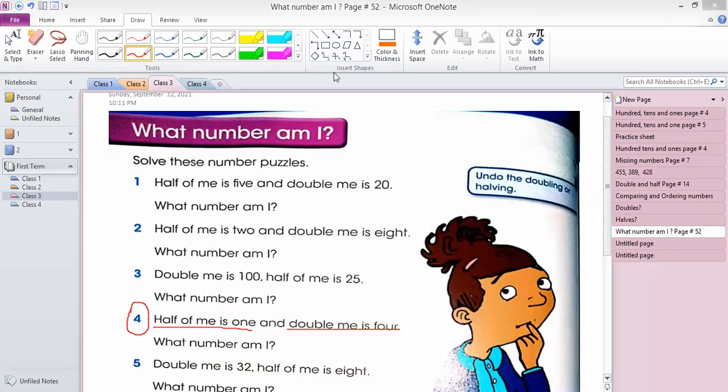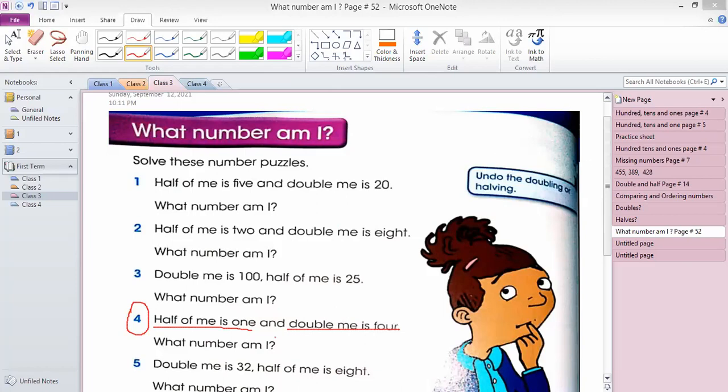Majid Awad. Can you hear me? Question number 4. Half of me is 1 and double of me is 4. What number am I?